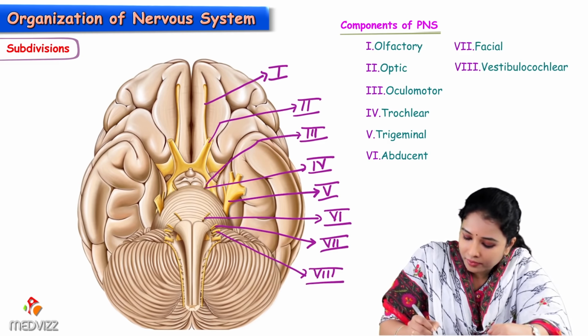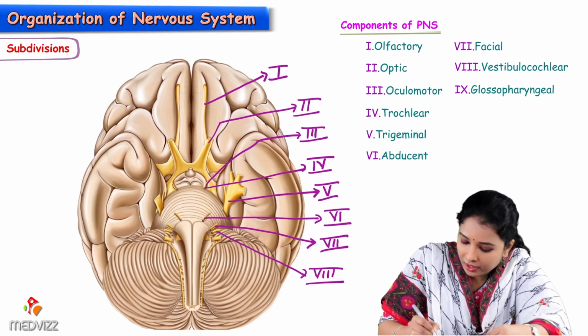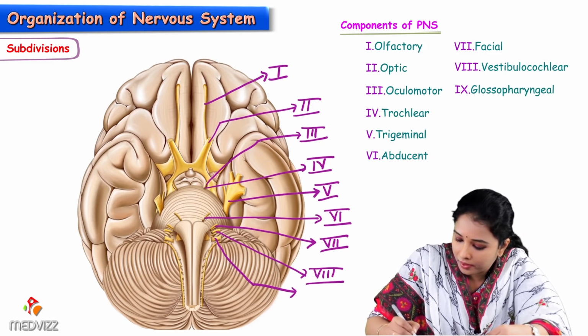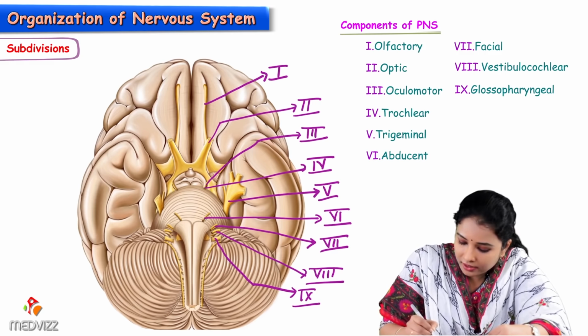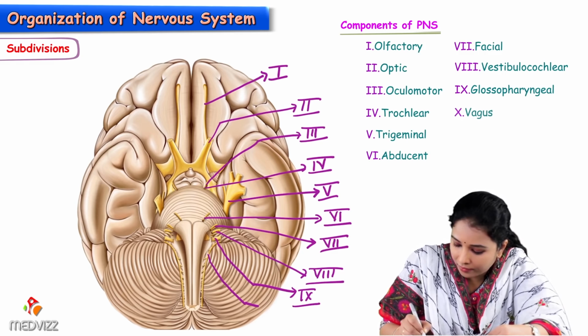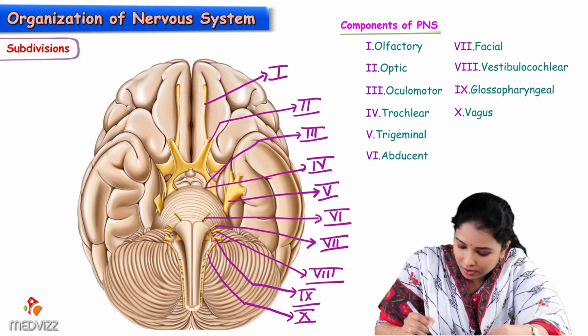Ninth cranial nerve is glossopharyngeal nerve. Ninth cranial nerve arises from the medulla. Ninth is glossopharyngeal nerve. 10th cranial nerve lies just below the 9th, that is vagus. 10th cranial nerve.